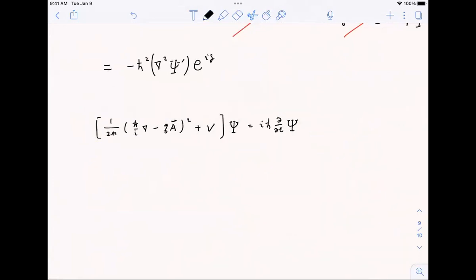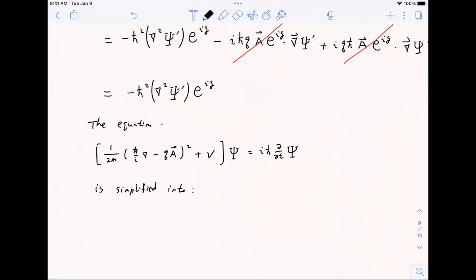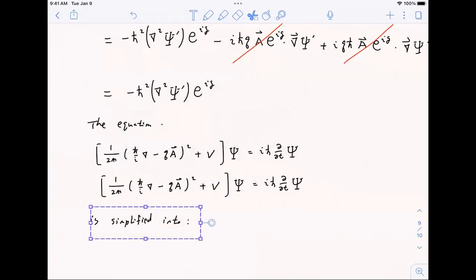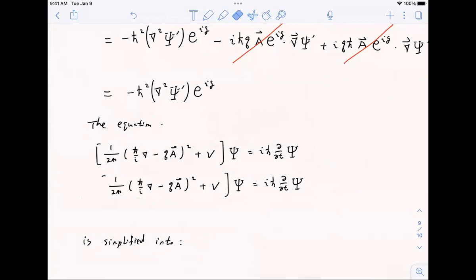Okay, so the equation is simplified into this part. You can separate it into this part, and you can separate this.